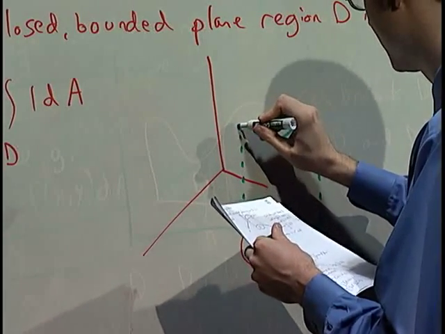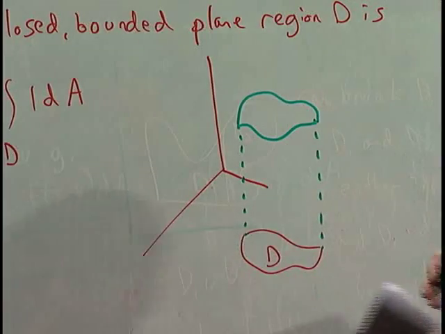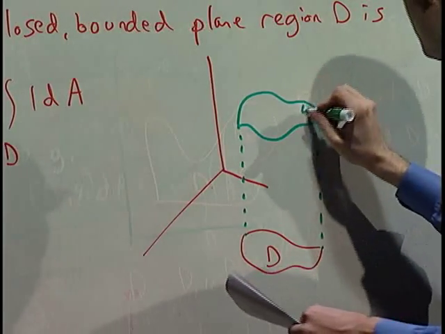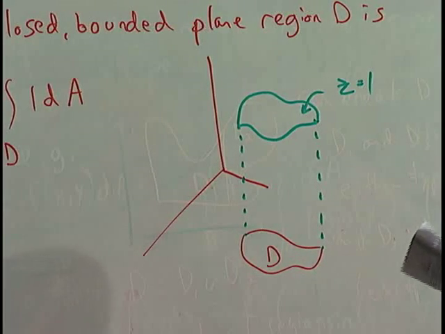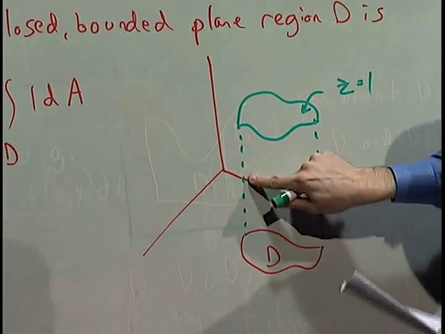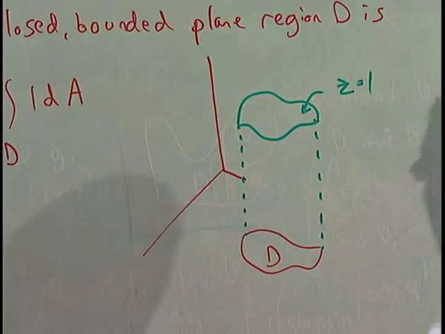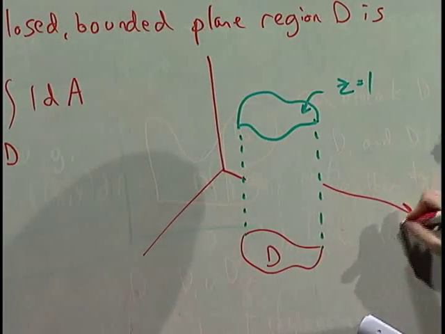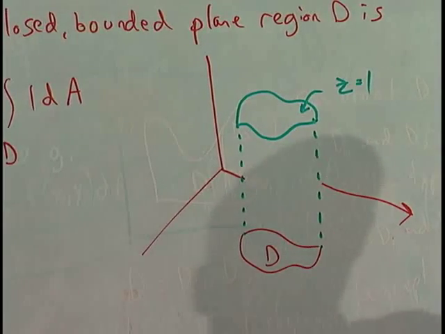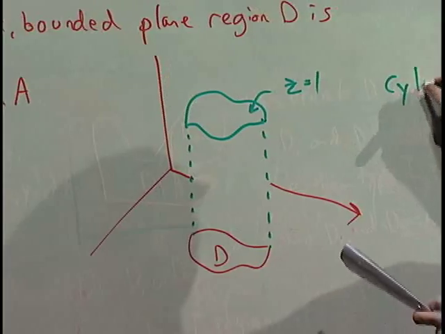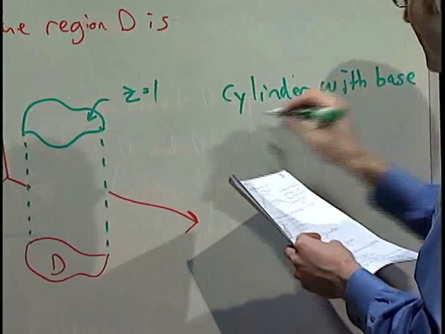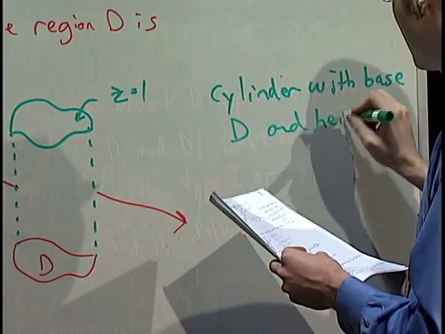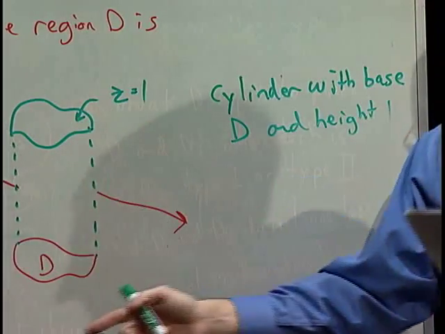So this is the plane z equals 1, a height of 1 for every point down here in D. And then maybe continue it down there. So there's your cylinder. This is a cylinder with base D and height 1, so it has a constant height.